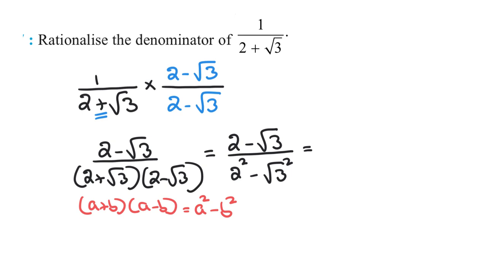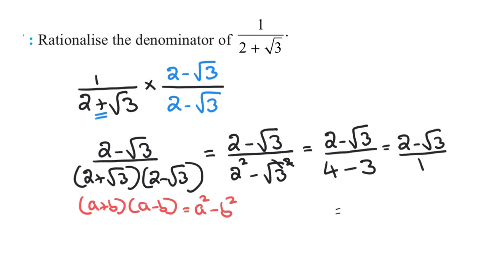So, let's move on. 2 minus root 3, the numerator remains the same, divided by 2 squared is 4 minus root 3 squared. Root 3 and square cancels, it's 3. So we are left with 2 minus root 3 over 1, which is basically 2 minus root 3. So have we rationalized the denominator? It is. So the answer is 2 minus root 3.